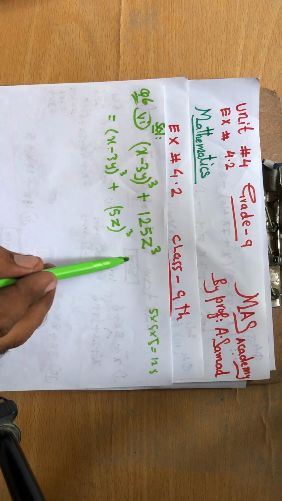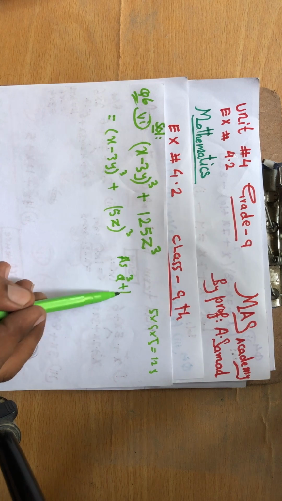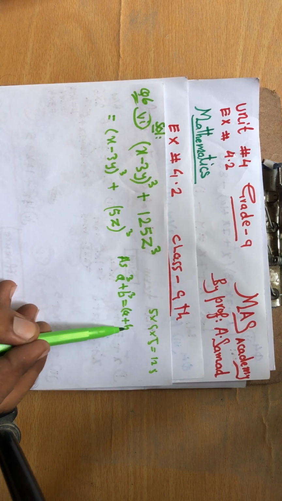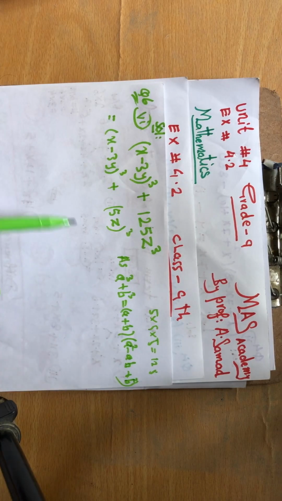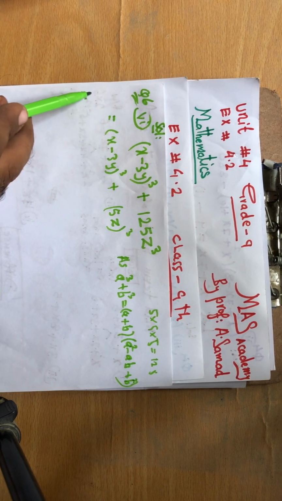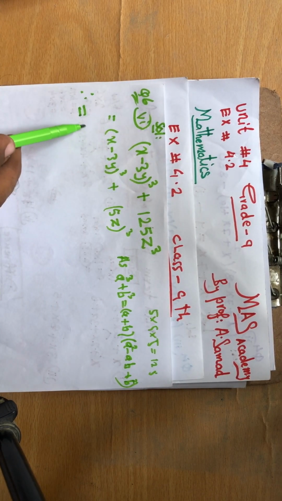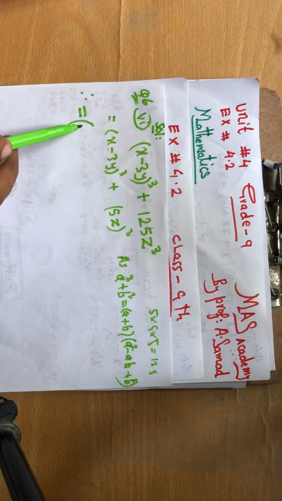It is of the form a cube plus b cube, and we know that a cube plus b cube is equal to a plus b into a square minus ab plus b square. So according to this formula we are going to open this one.